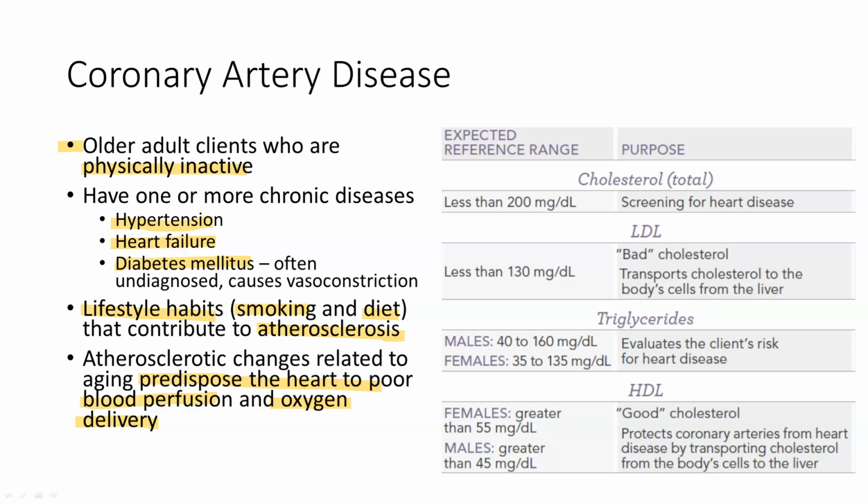A couple of things we're going to look at are the cholesterol, the LDL, the triglycerides, and the HDL. For cholesterol, we want that number less than 200. Our lousy cholesterol, we want less than 130. Our triglycerides are going to be a range, 35 to 160 or so, and then you divide it up, knowing that the higher number is for males and the lower number is for females.